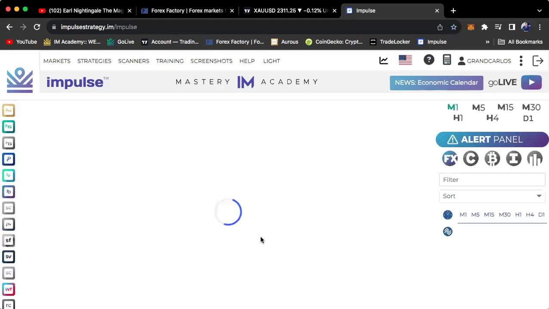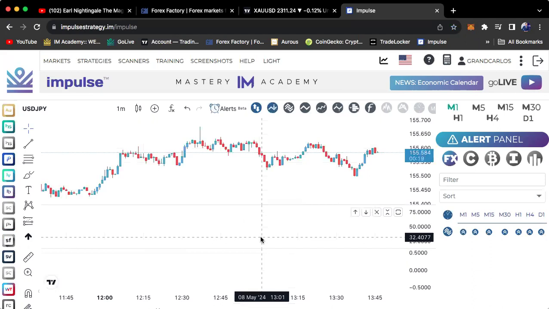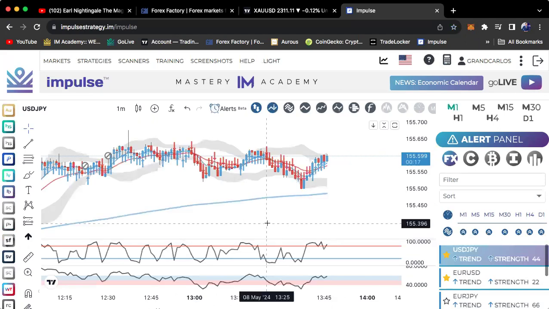Impulse is a scanner that we use inside the academy that gives me confirmations as well and gives me the overall momentum of the market.